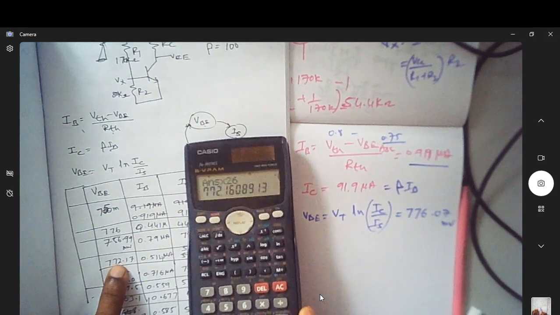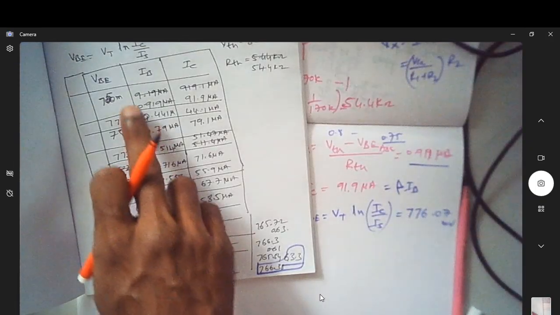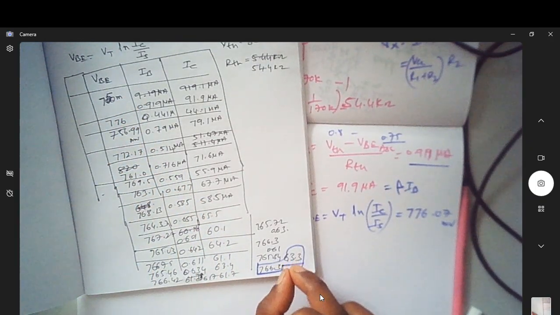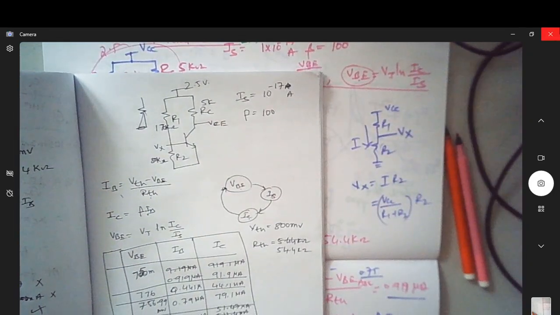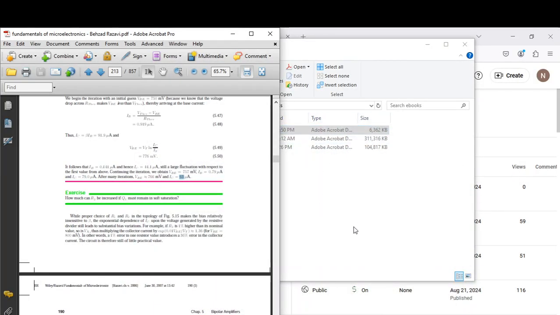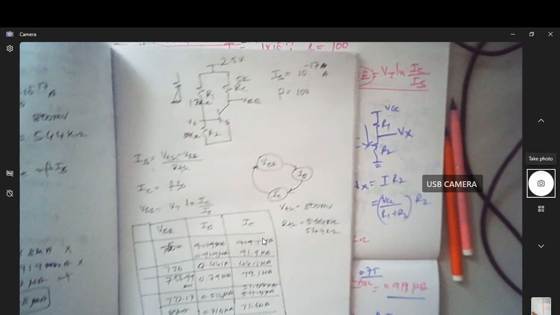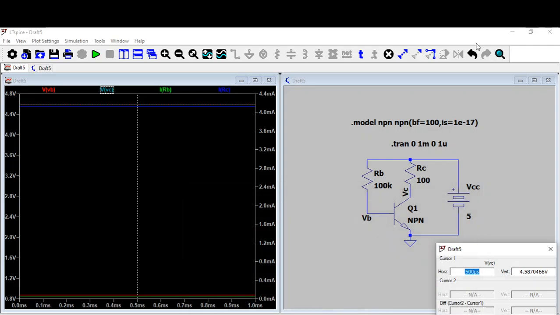Can you see it is 772.16. See, now it requires almost 8 to 10 iterations until you get a consistent or constant value of 63 microamperes. It will be surprising to see when we actually do the simulation with these values of resistors, as per this calculation, as per this circuit, we will exactly get those currents.